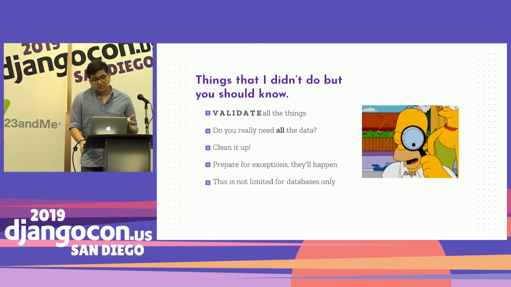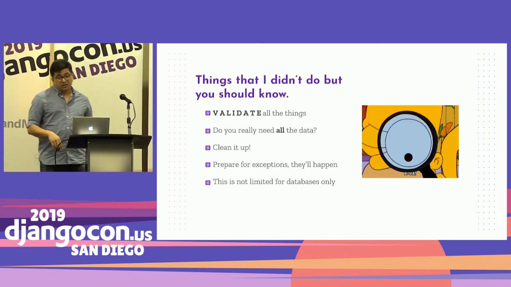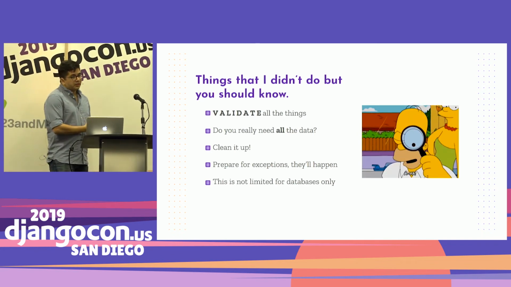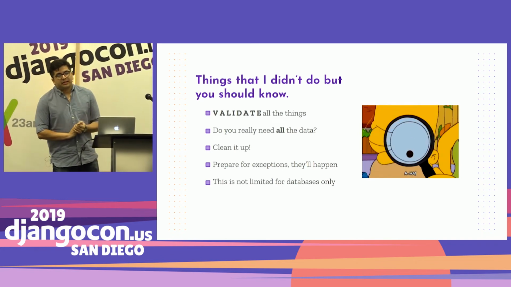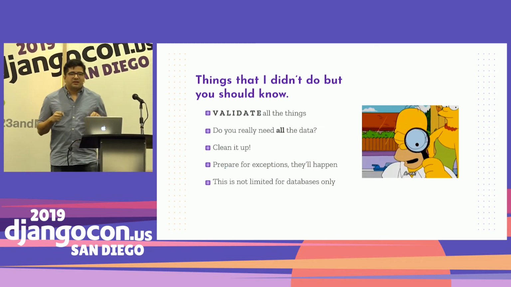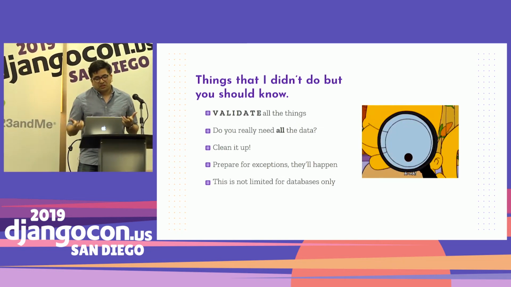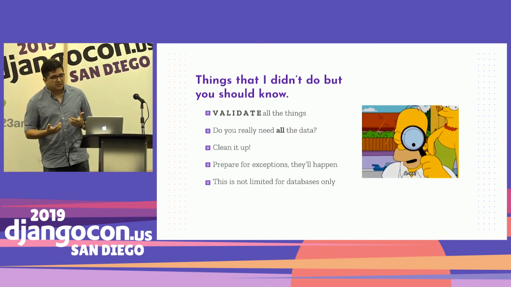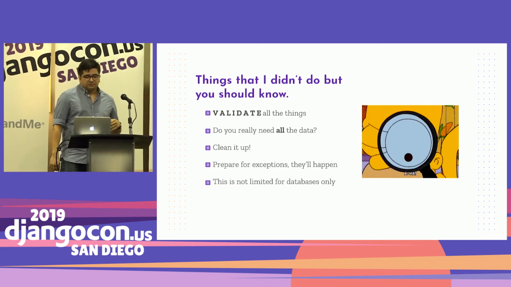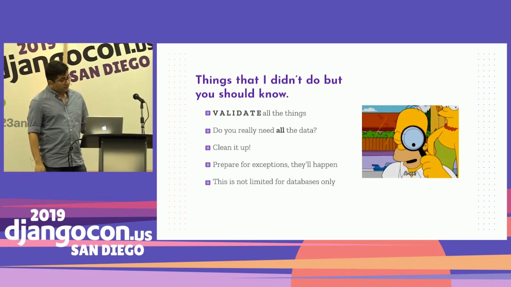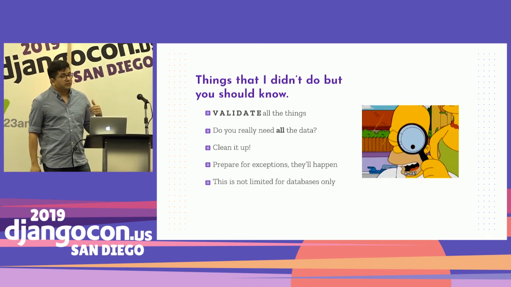You also have to see if you really need all the data that is on your legacy database. In that case, you don't carry any data that is not clean or won't be used again. Also, you will have to clean data up.